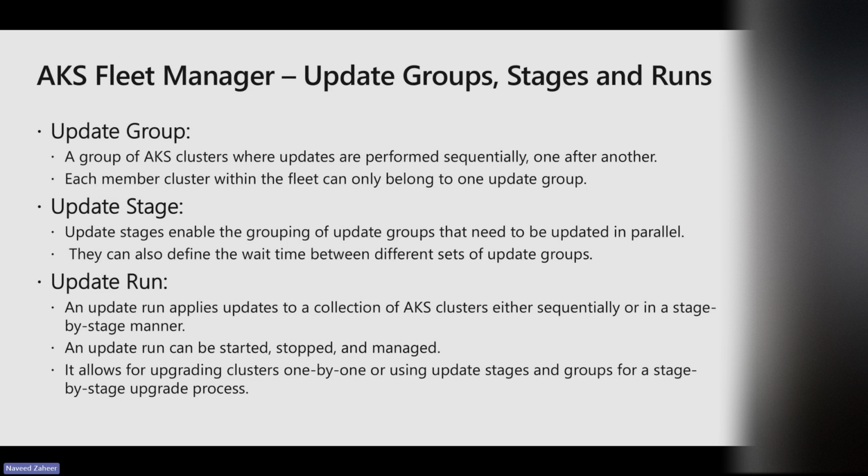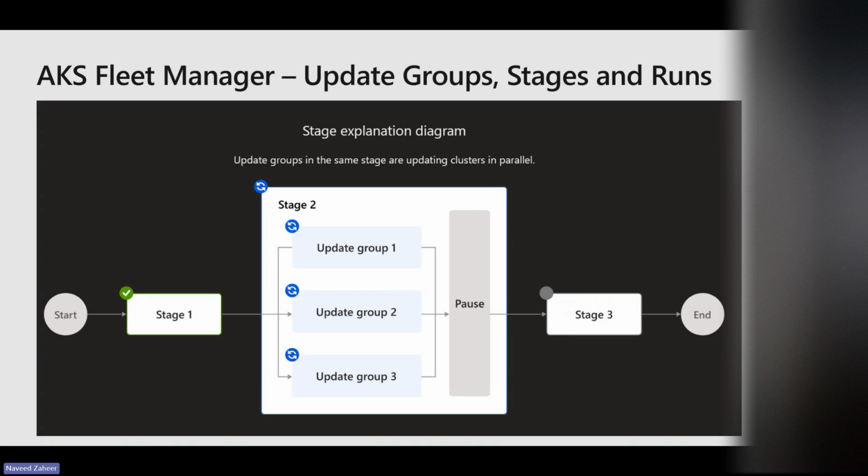And what is an update run? It's your entire orchestration when you execute it. You can start an update run, stop it, manage it, all that. So this is how a stage is explained. You start stage one, then you have a stage two in which you have different update groups being processed, and then you go to stage three, and then you can have a pause.